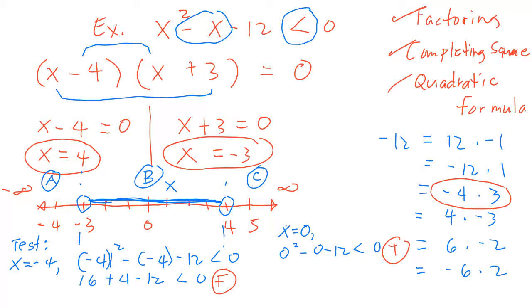So when you write this out, you will have this answer: parenthesis -3 because that's an empty circle, and then comma, and you have 4, and then still parenthesis. And this is our answer in the solution set in set interval notation.